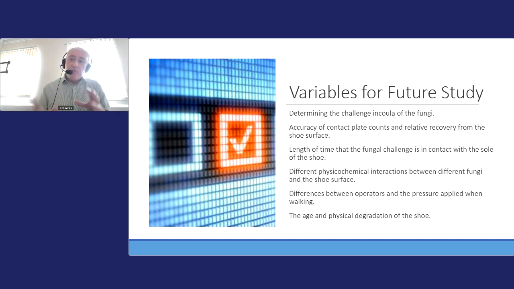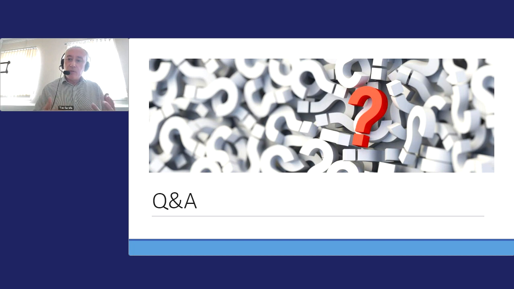But the overall thing was that for building a contamination control strategy from the floor up, then the Dycem flooring in the context of the fungal work was really interesting and gave some measurable reductions in contamination. So that's the 9 tips and the overview of the study, and we move on to the Q&A.